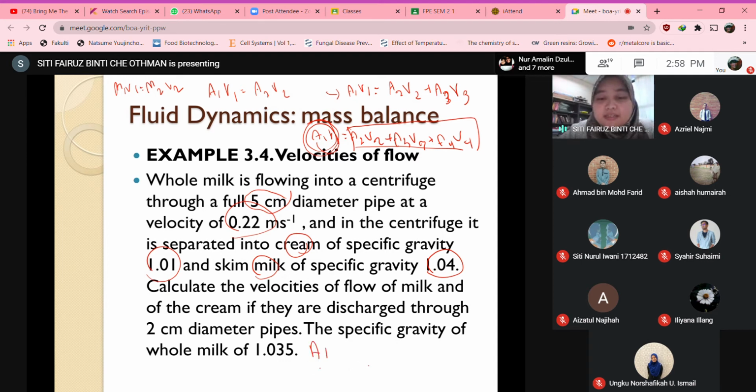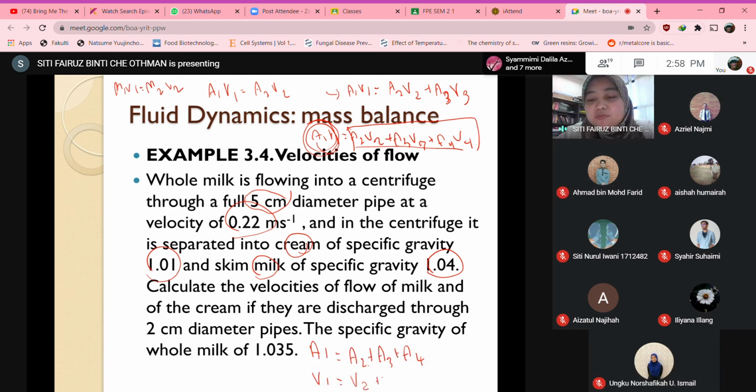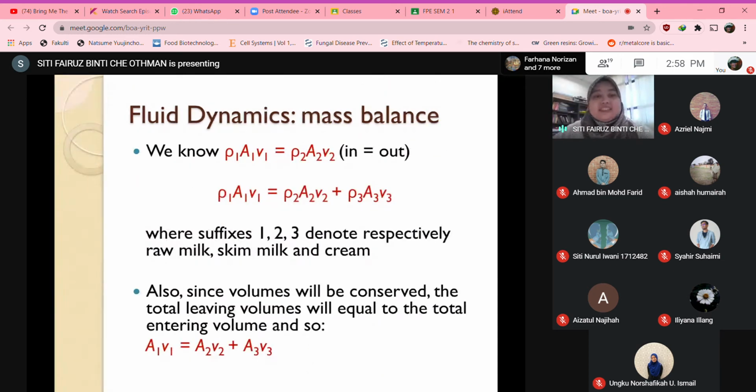Kalau A1 dengan V1, it should equals to A2 plus A3 plus A4. Betul tak? Just for you to understand the concept. Kalau V1 should equals to A2, V3 plus V4. Macam tu lah. Dia kena balance. Okay? It should be balanced. Sebelah sini kena sama dengan belah sini. Alright? Alright. So we know that here, okay, in and out. Okay, but like I told you before, sebab dia ada dua benda kat sini, dia tambah satu ni.